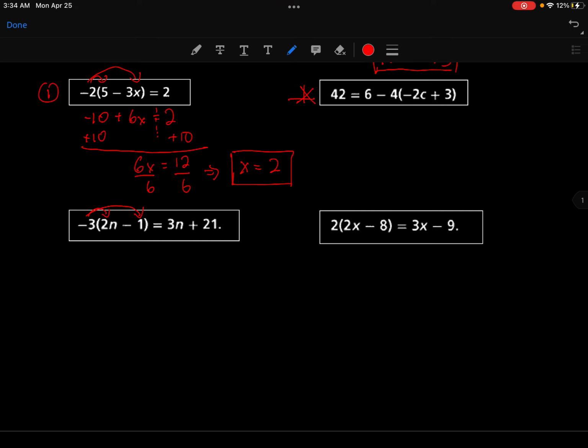I'm only doing distributive property here because if we follow the PEMDAS rule, parentheses, well, there are no parentheses. Well, there is, but we can't simplify 2m minus 1. So we're done with the parentheses. We don't have any exponents.